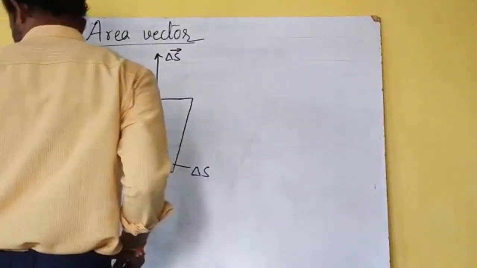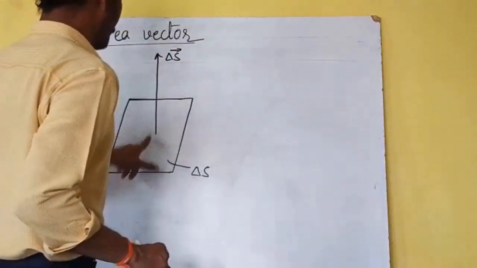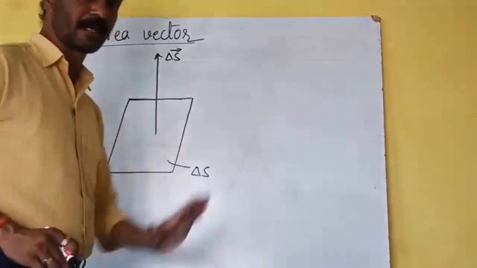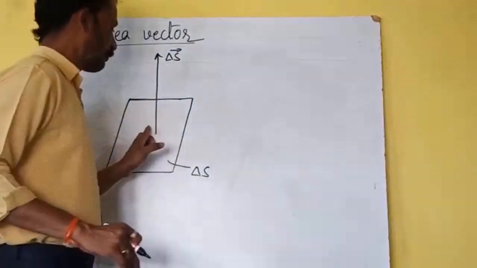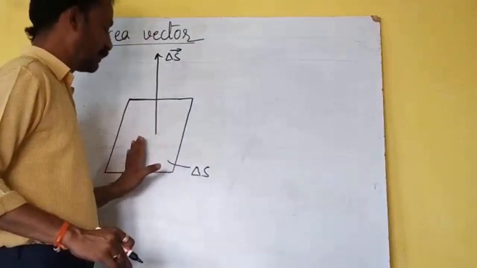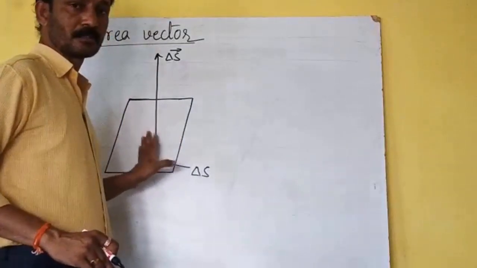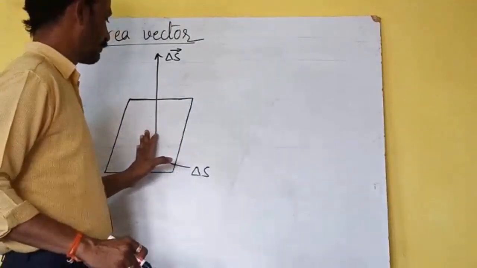Here this area vector is represented by an arrow drawn perpendicular to the area element.